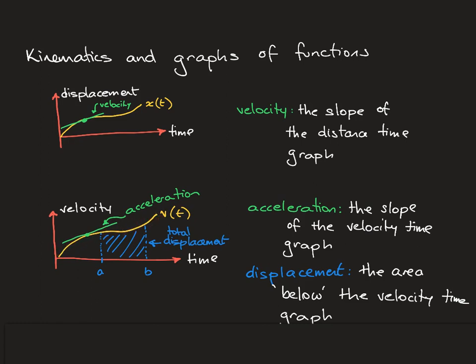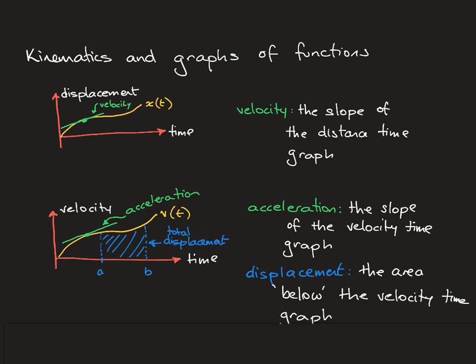For a velocity graph, the gradient of the slope of the line at any point will be your acceleration. Your acceleration is the derivative of the velocity time graph. The other thing you can find: we know that if you start with velocity and you integrate it, you get displacement.